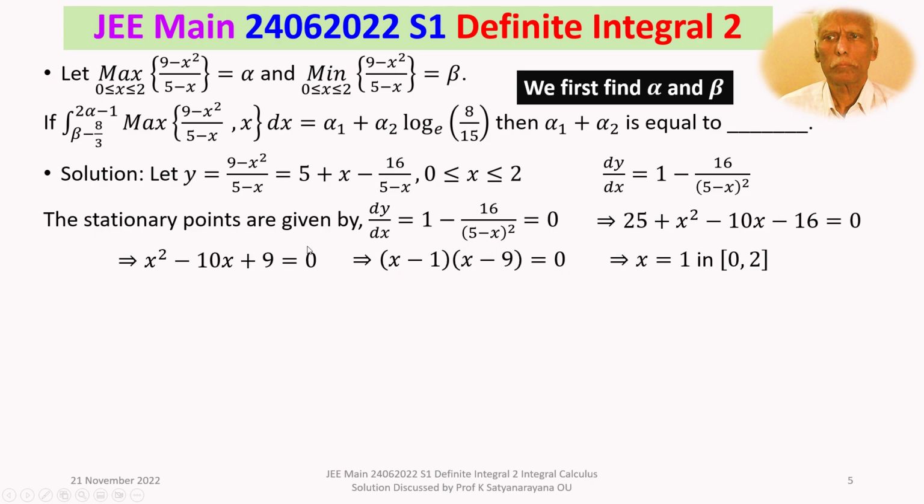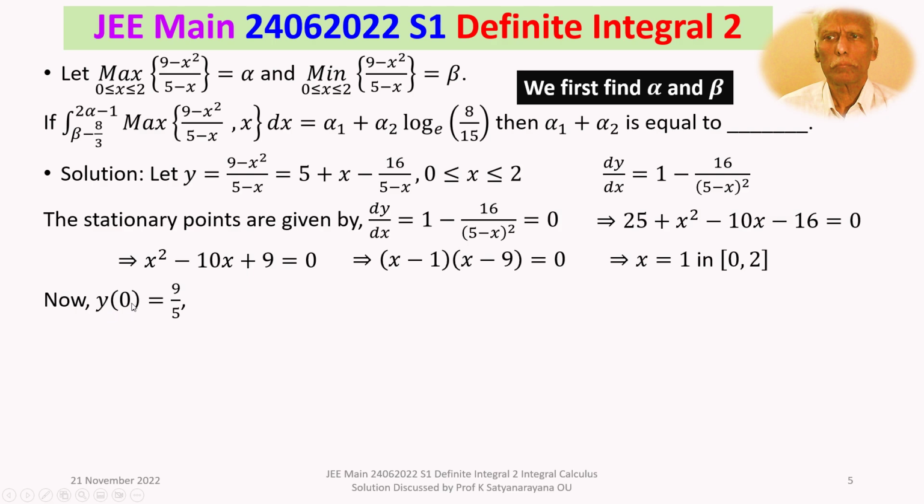And why are we finding the critical point? At the critical point, we see how the function y of x, that is (9 minus x square) by (5 minus x), behaves, that is, whether the change of sign takes place at x is equal to 1, and thereby we can talk about the maxima and minima there. Let's see.